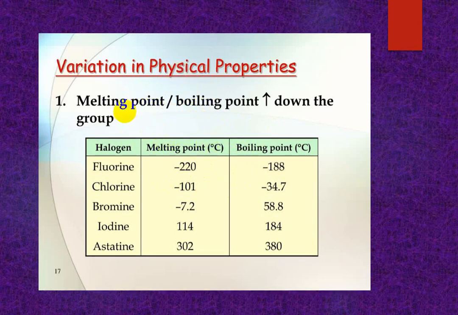Intermolecular forces increase with increasing atomic number, and atomic mass increases from top to bottom, so intermolecular forces are more and the melting point is more. There is no metallic character because there is no free electron for group 17.